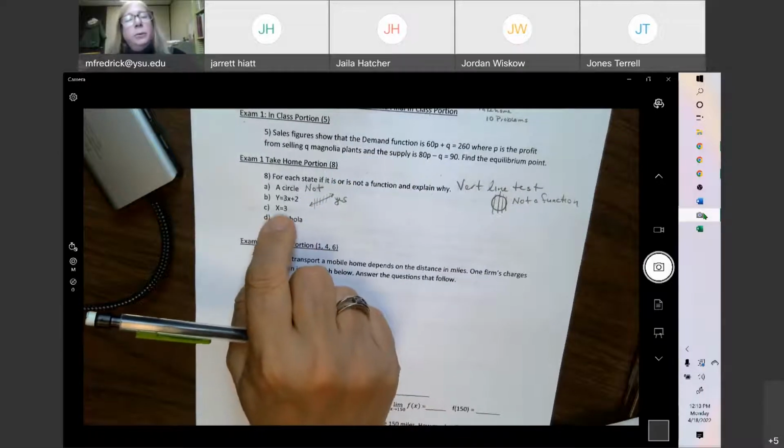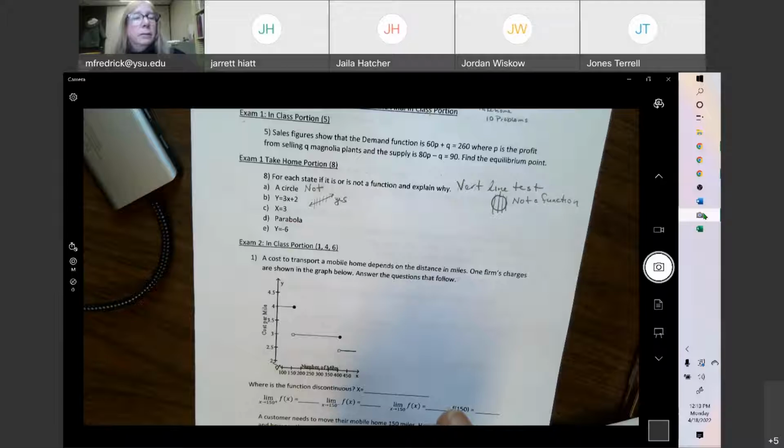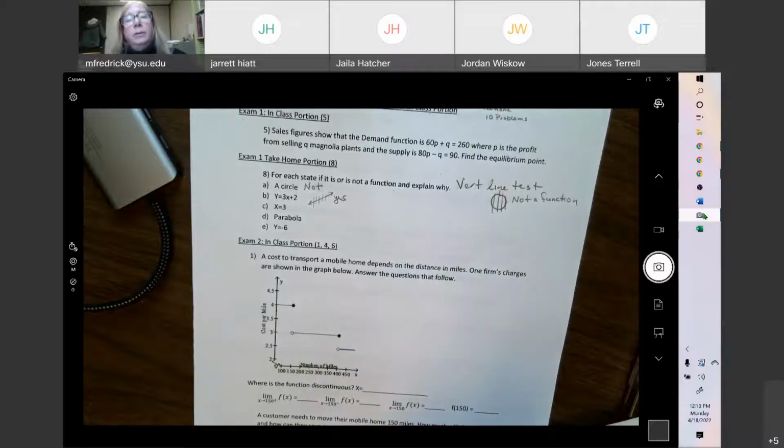How about x equals 3? Is it a function? What type of line is x equals 3?